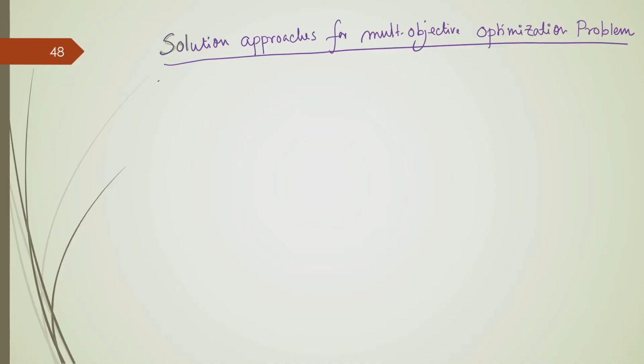So, there are some broad categorizations possible depending upon the different types of multi objective optimization approaches. One is called the weighted aggregation method. Weighted aggregation approach. This is one of the approaches. I will talk about this.